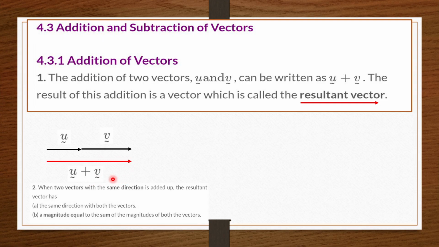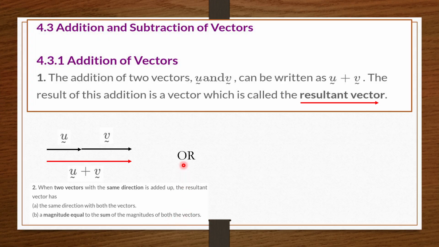Therefore, remember, when two vectors with the same direction are added up, the resultant vector has the same direction as both the vectors, and the magnitude equal to the sum of the magnitudes of both the vectors.